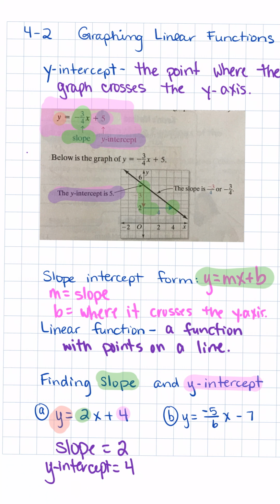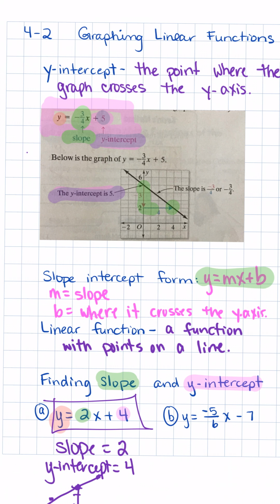So that means that if you were graphing this, it doesn't ask us to do it there, it crosses 1, 2, 3, 4 right here at the 4, and then the slope is over 1, up 2, or back 1, down 2. So that's where you would graph it. Okay, but it's super easy to find the slope and y-intercept as long as it is in this equation form.